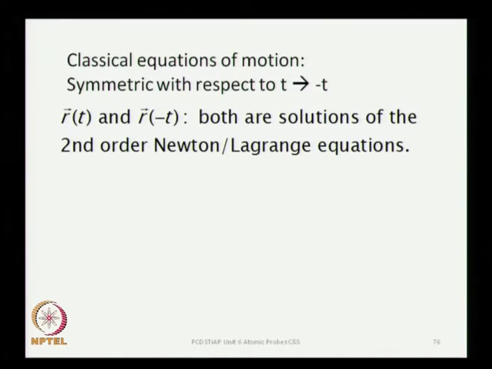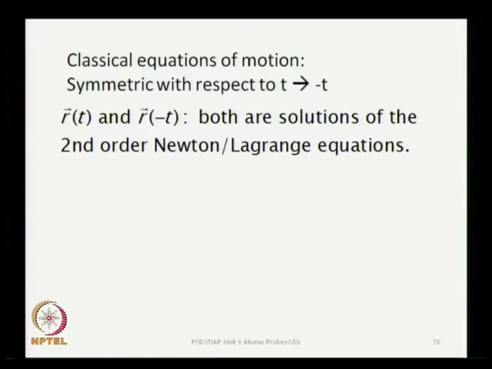So classical equations of motion are symmetric with respect to t going to minus t, because both r of t and r of minus t are solutions to Newton's equation of motion, and also to Lagrange's. Both are second order differential equations, right. So d2 by dt2 as t goes to minus t remains the same.